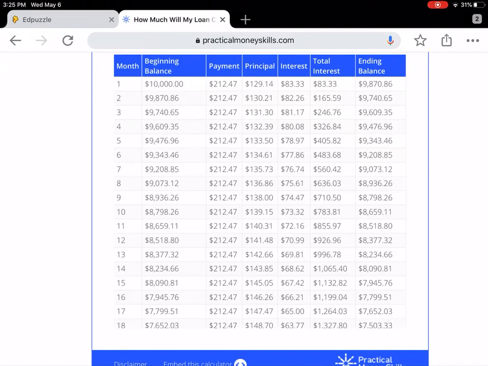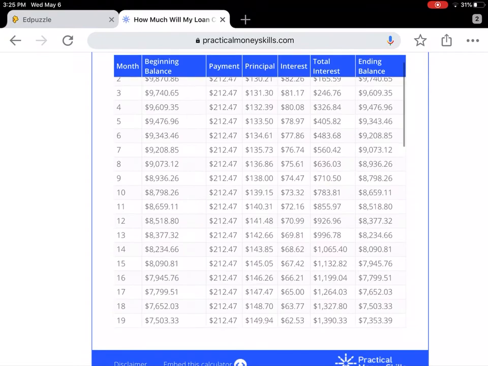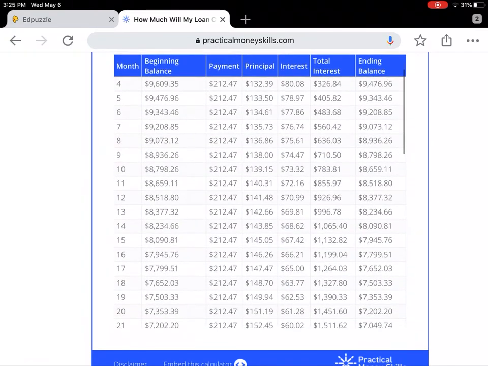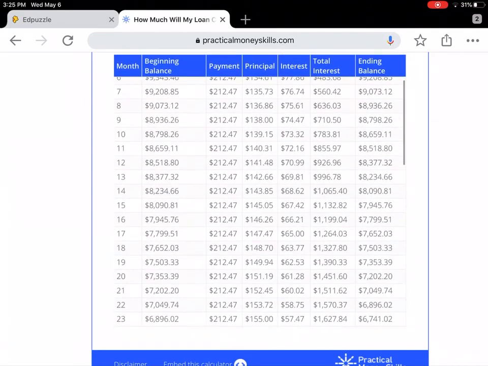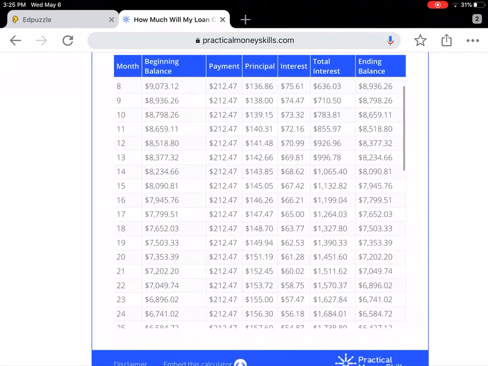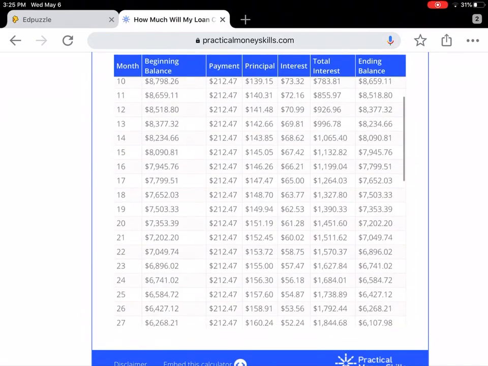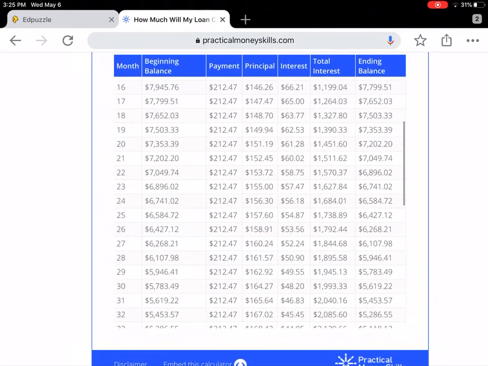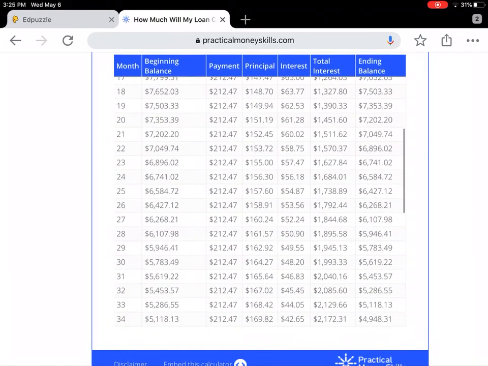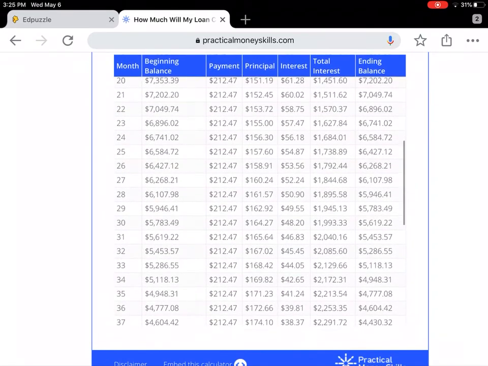So take a look. I'm just going to scroll down this chart. And if you notice, every month there's more money applied to the principal and less money applied to the interest. The same payments are made every month, but there's more money applied to the principal.